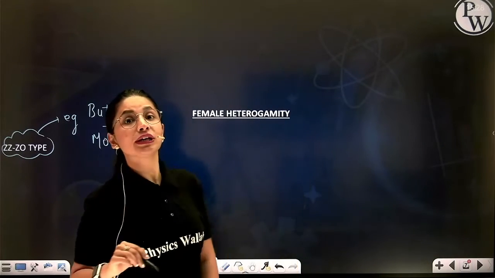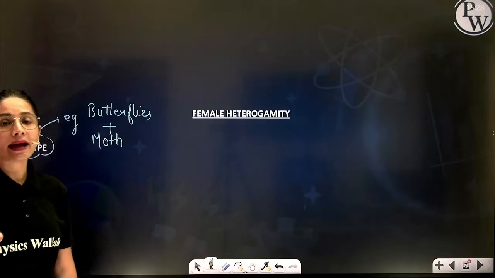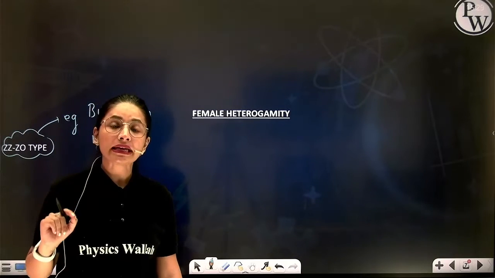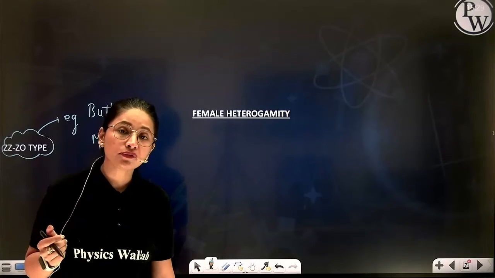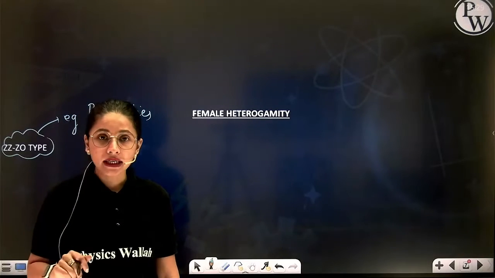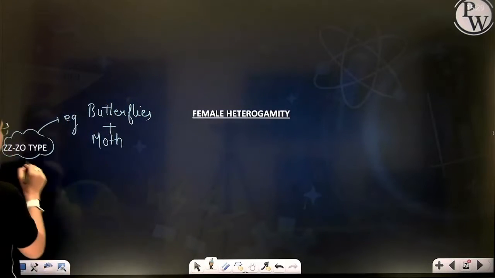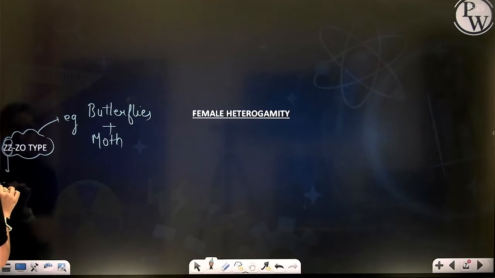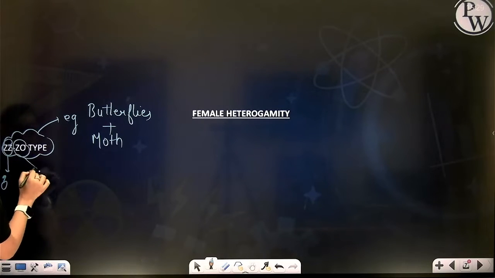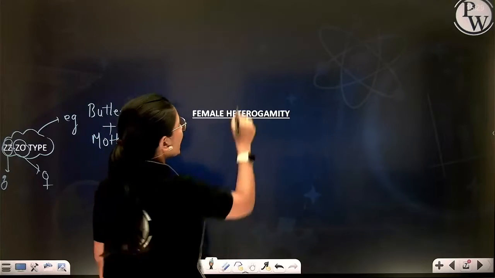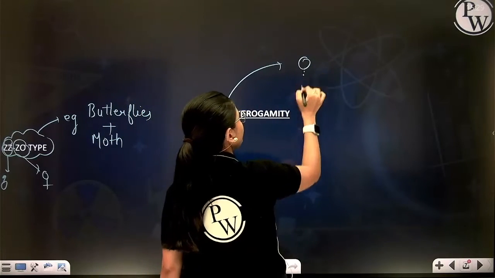Here female heterogamety exists, which means females produce two different types of gametes, but males produce the same type of gamete. So ZZ is the symbol for male and ZO is for female. Now what happens in female heterogamety?